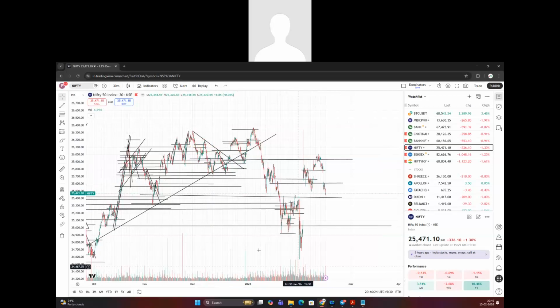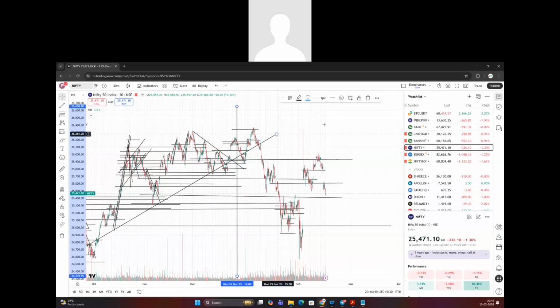how do we consider which is low, which is high? In this particular chart from here, after this, which is high, which is low? 26,359 or 26,360 is the high, and the low is 24,576, right?